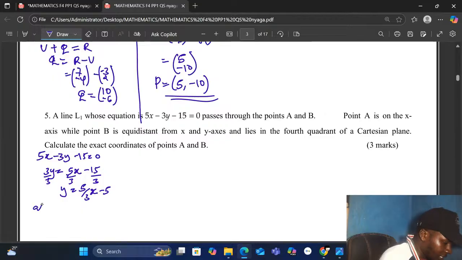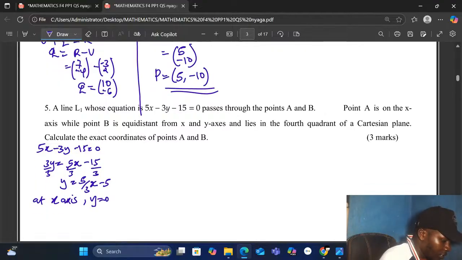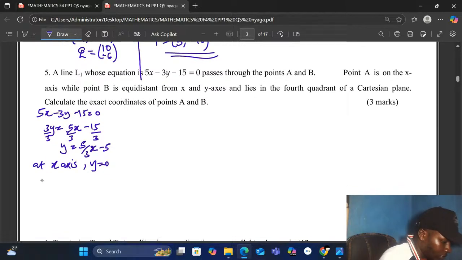So at the x-axis, y is equal to 0. Then we equate, now that y is 0, we say 0 is equal to 5 over 3 x minus 5, so that we now have 5 over 3 x is equal to 5.